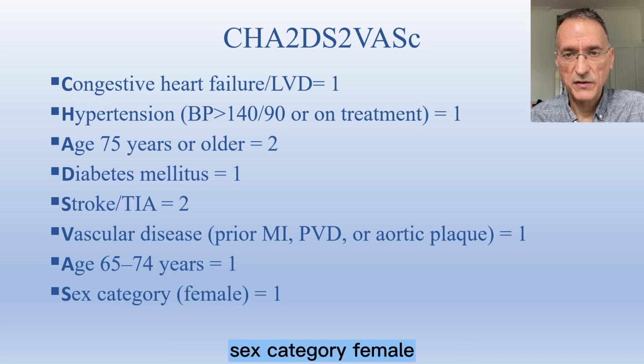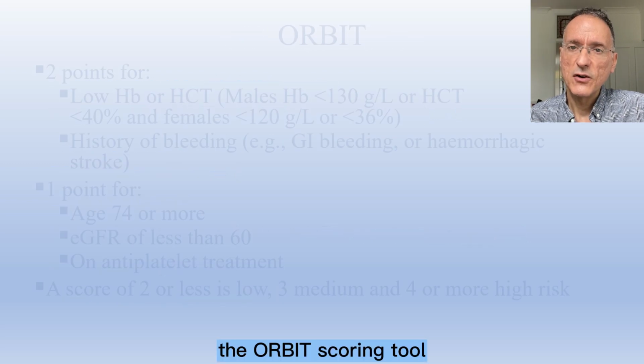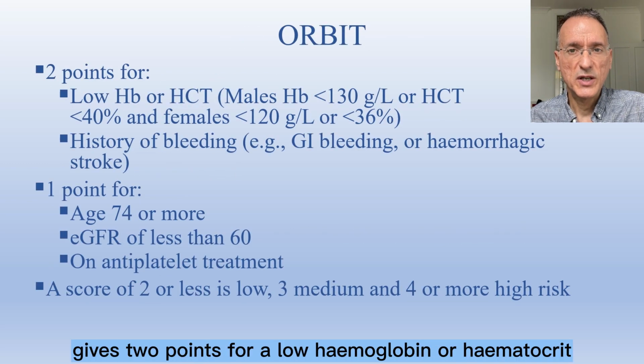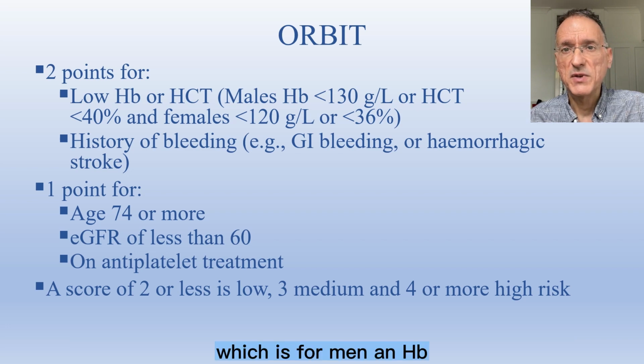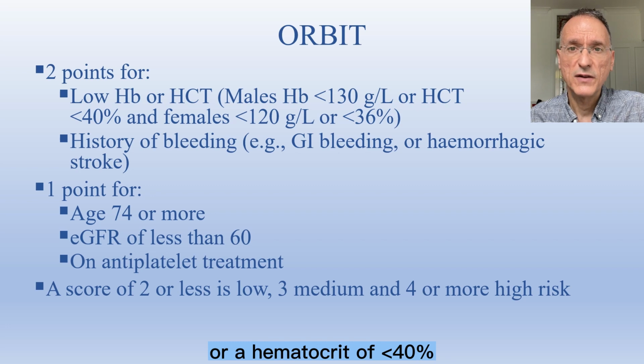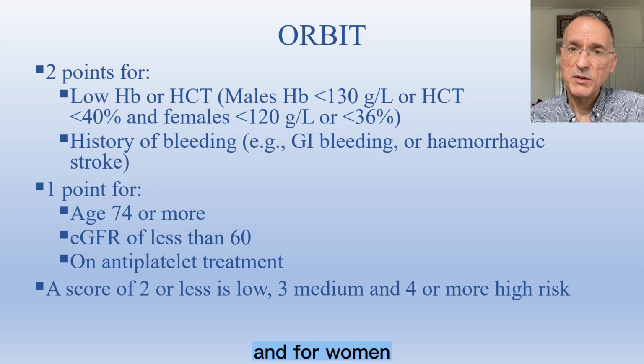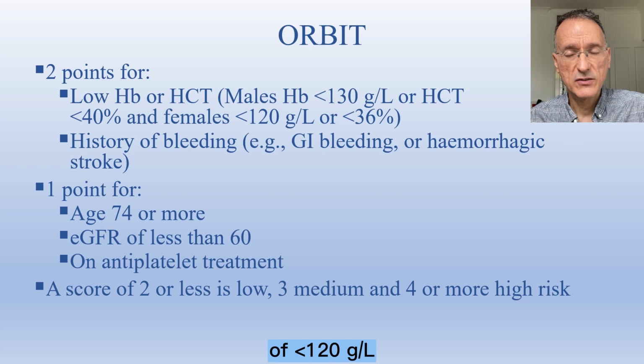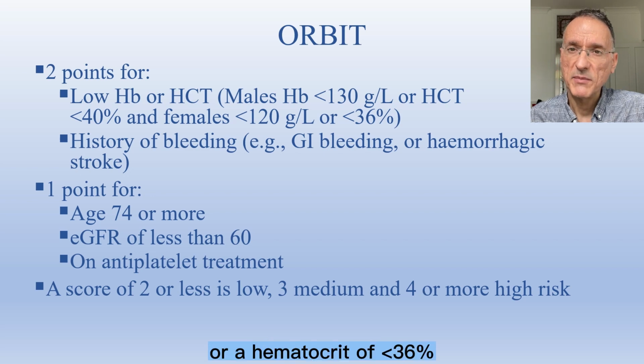The ORBIT scoring tool gives 2 points for a low hemoglobin or hematocrit, which is for men a hemoglobin of less than 130 grams per liter or hematocrit of less than 40%, and for women it is a hemoglobin of less than 120 grams per liter or hematocrit of less than 36%.